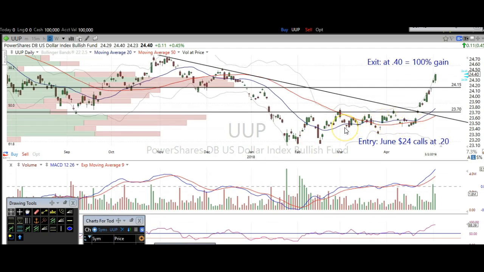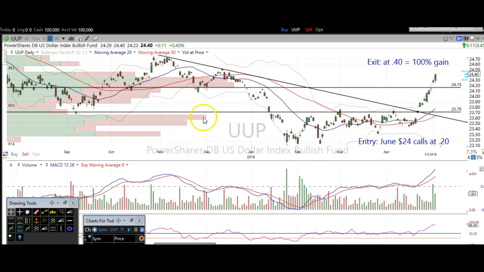And if you notice here, we had been making higher highs and higher lows. So here's a high, here's a higher high, and here's a higher high right there. Here's a low, here's a higher low, and then here's another higher low. So we're in this little wedge right here heading higher.